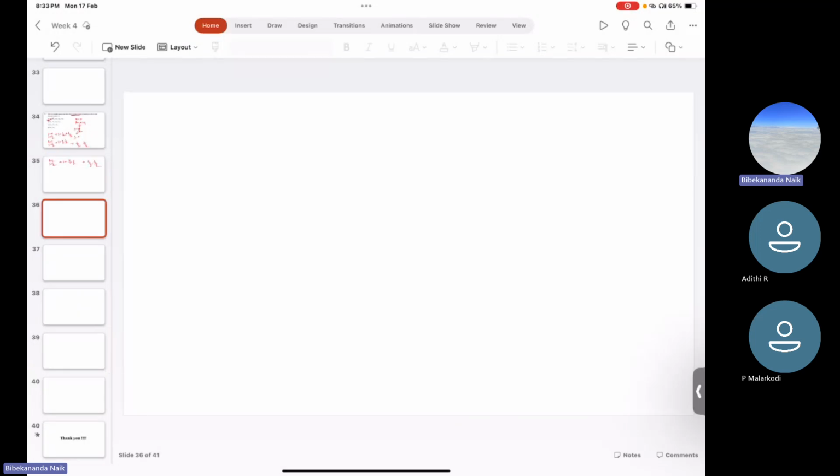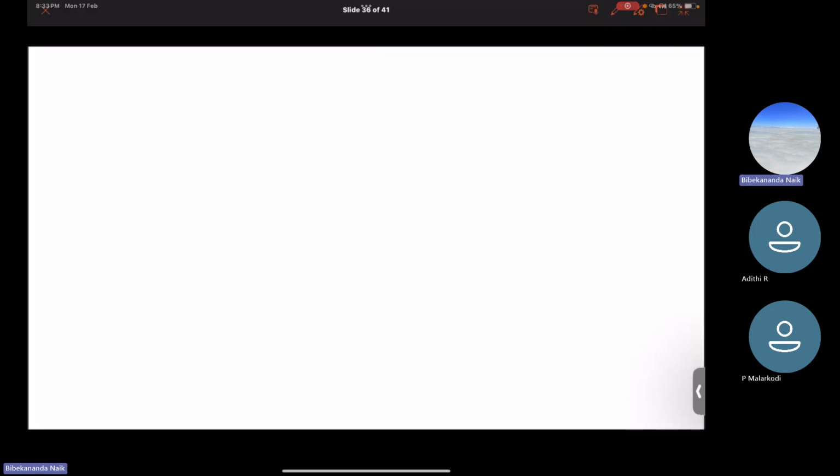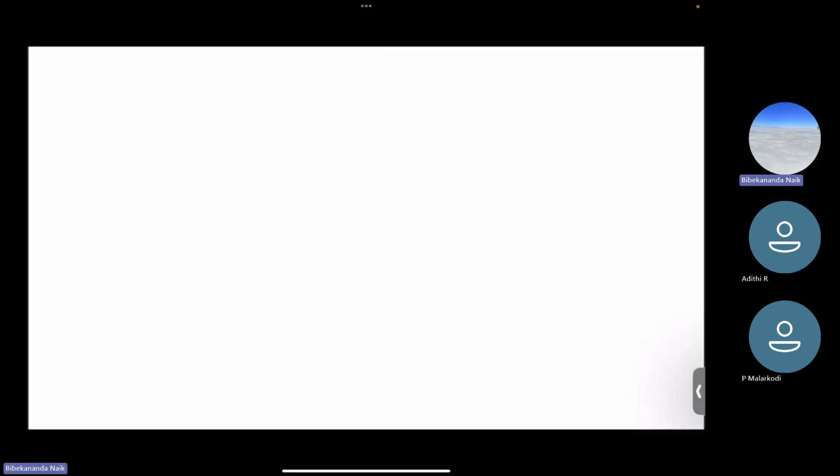Okay, so the question says a thin uniform ring carrying charge q and mass m rotates about its axis. What will be the gyromagnetic ratio of the ring?